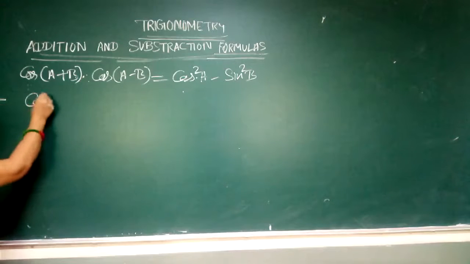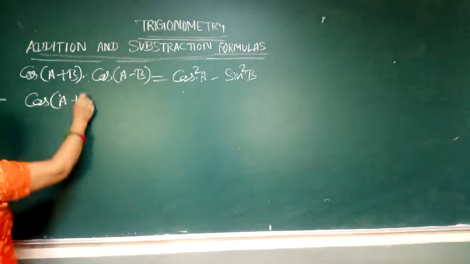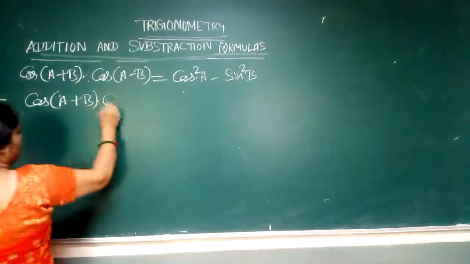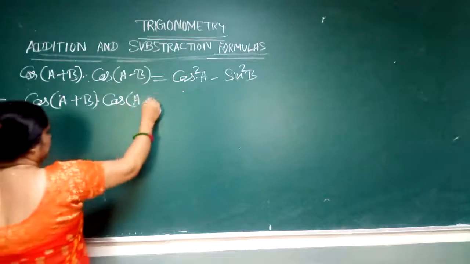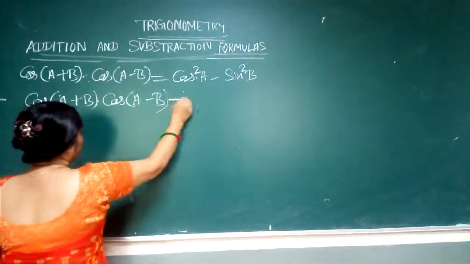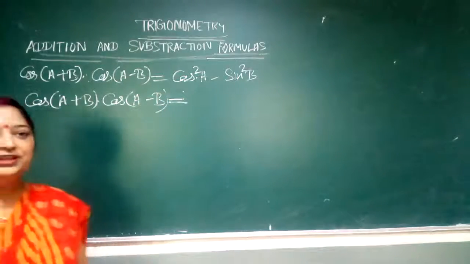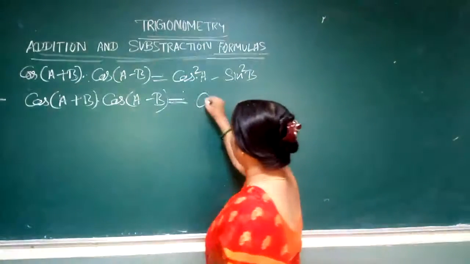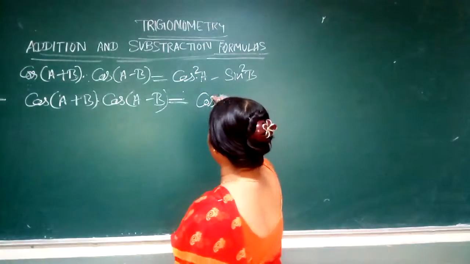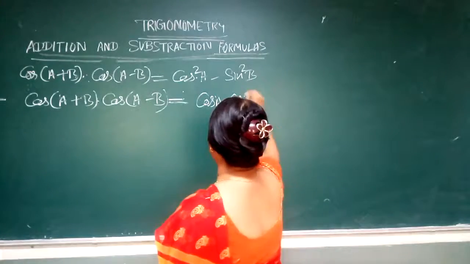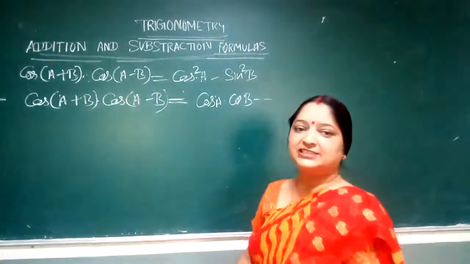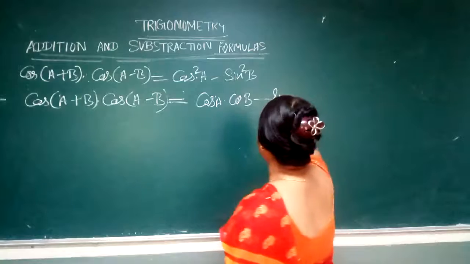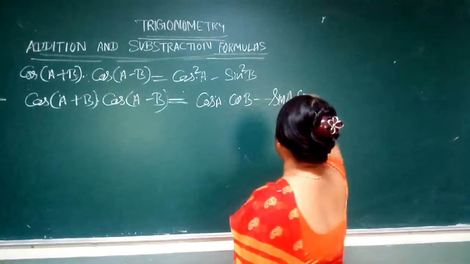Now cos of a plus b into cos of a minus b. You know the formula of cos of a plus b. You know that cos is boss, so it will come along. So what is the formula? Cos a into cos b, and he is subtracting the sun, that is minus sin a into sin b.